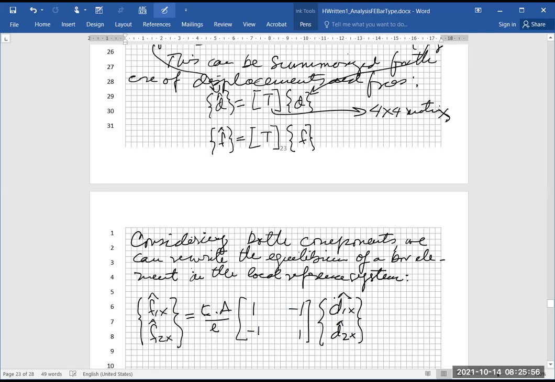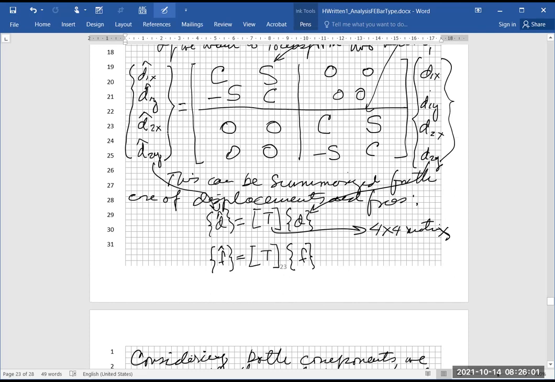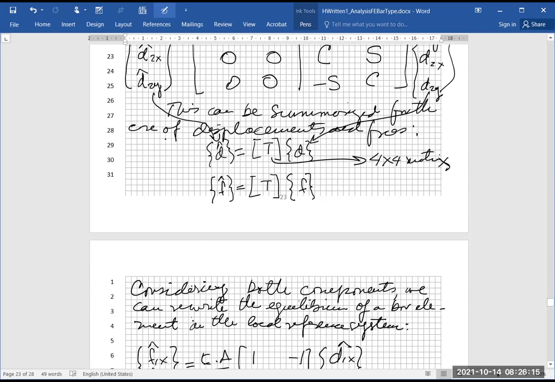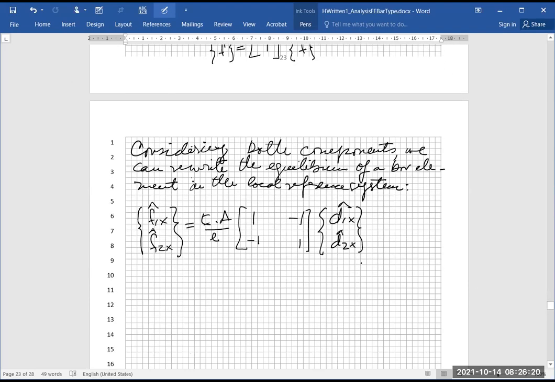Now, let me go back a little bit. You see that on the left, we have this mathematical vector, which includes the displacement of the first and of the second joints. So what we have to do is express this in a more general way, considering that we have not only d1x in the x direction, but also in the y direction.